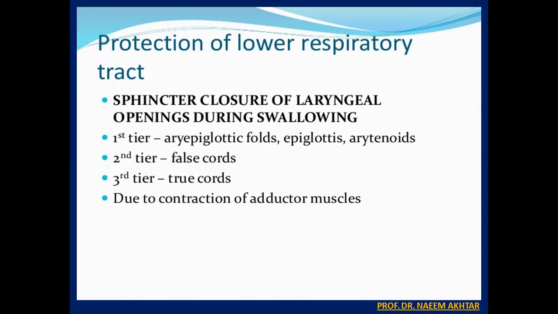This sphincteric closure is performed by aryepiglottic folds, epiglottis, arytenoids, and below these the false cords, and below the false cords the two vocal cords. All these perform function due to contraction of the adductor muscles.